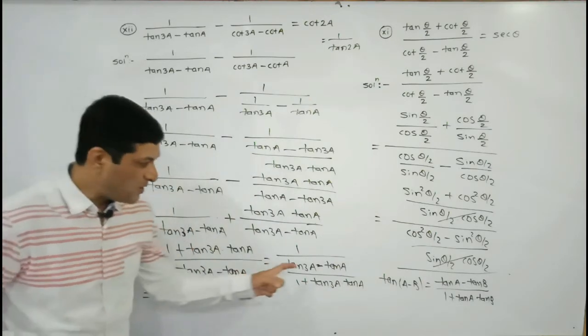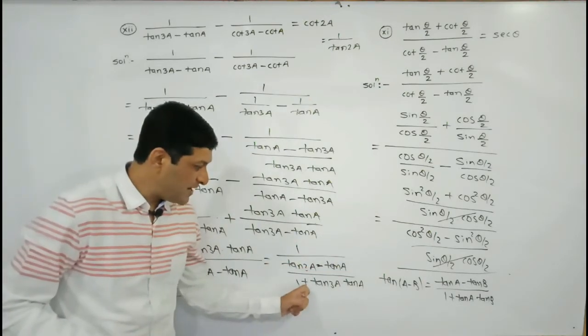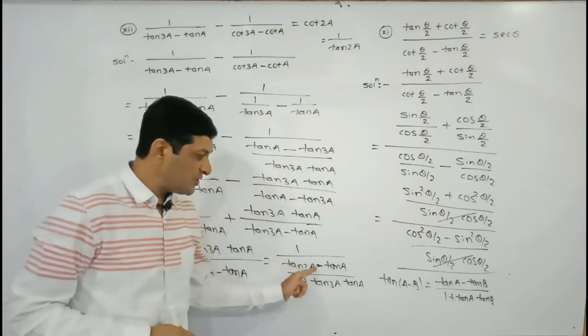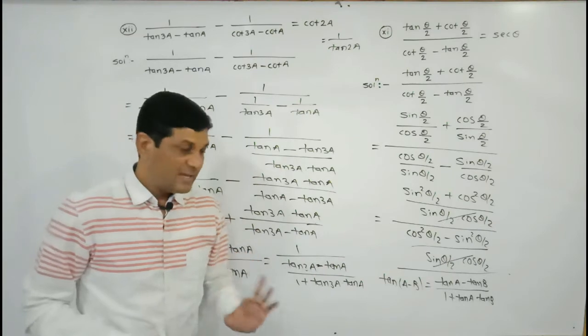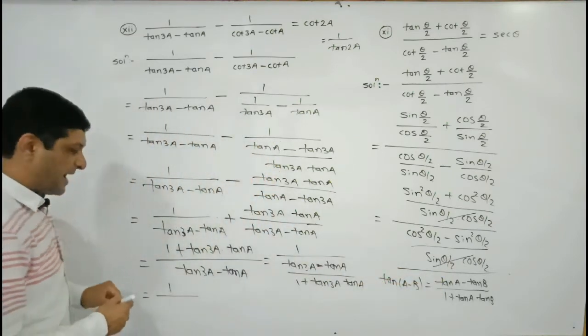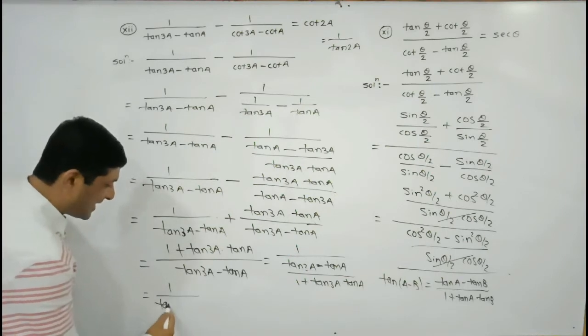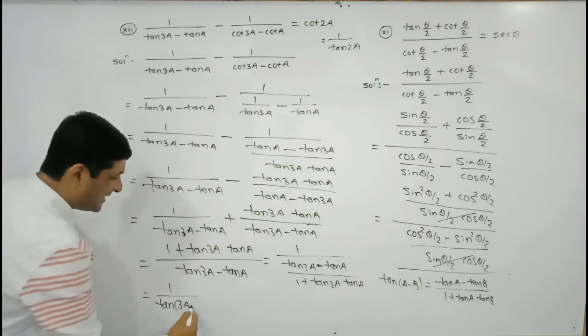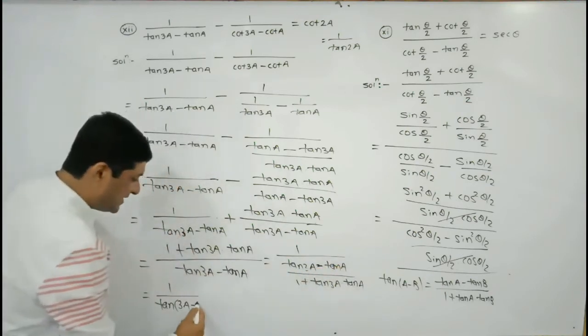So applying this formula, let us simplify the denominator. Check that it is in the form of tan a minus tan b upon 1 plus tan a into tan b. What is the value of a here? A is 3a and b is a. So according to this formula, this expression can be written as tan a minus b. Means what we will get? Tan, a is 3a, minus b, b is here a.